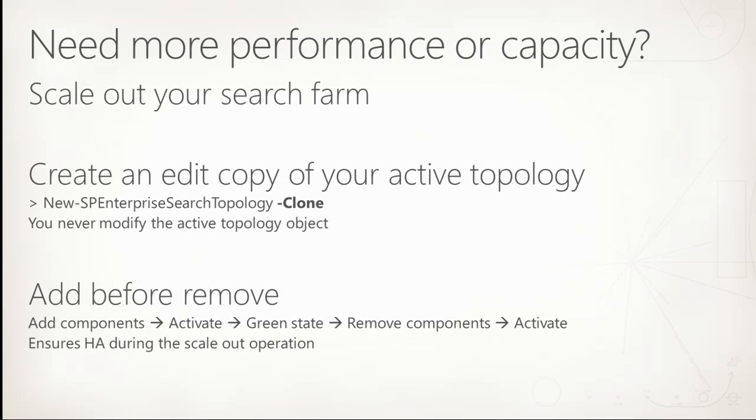Wait until it's green, which means all components are performing correctly, before you actually remove the component from the previous server. The reason we want to do that is that if you do it in 1 step, you may be a little more vulnerable to errors during the operation. And you also have a short period where you don't have high availability for your farm.